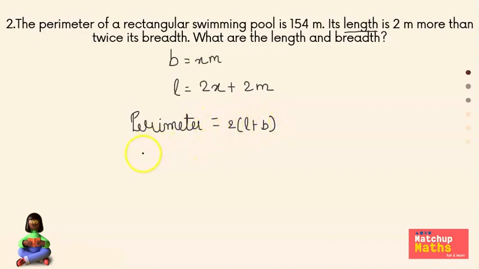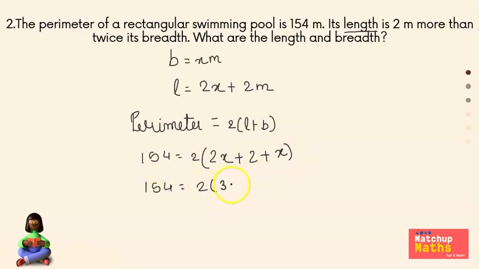Our perimeter is 154, which is equal to 2. We will substitute the values of length and breadth. So length is 2x plus 2 and breadth is x. So here it will be 154 is equal to 2 into (3x plus 2). So we get 154 by 2 is equal to 3x plus 2.